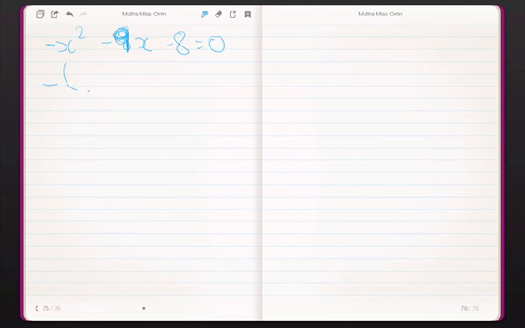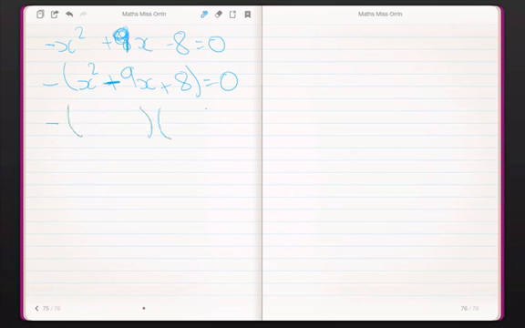If we change one sign, we have to change every sign. So this becomes positive x squared, this becomes positive 9x, and this becomes, whoa, I think I wrote those signs wrong. This should be a negative 9x, and this should be a positive 8. So we've changed every single sign. If you're going to change one, change them all.